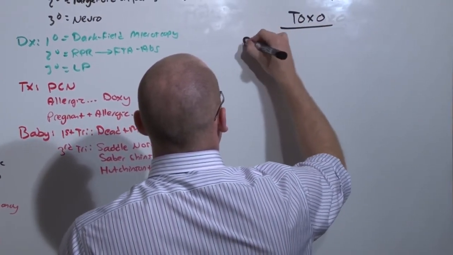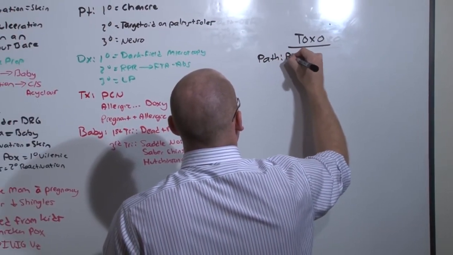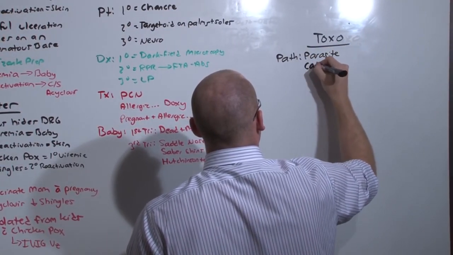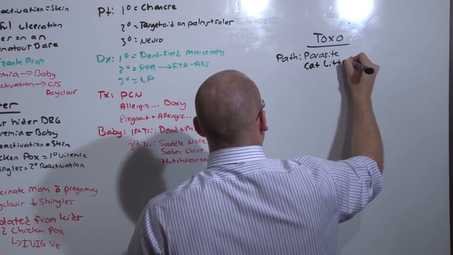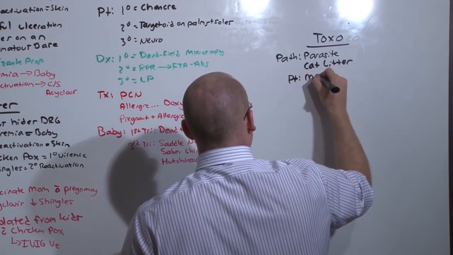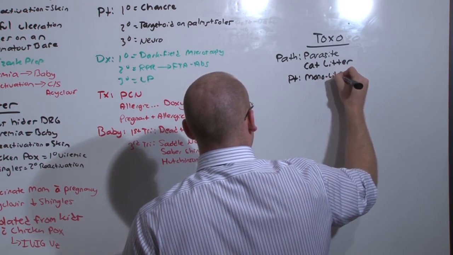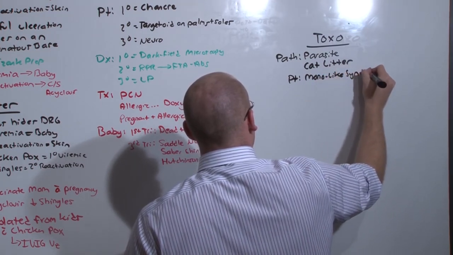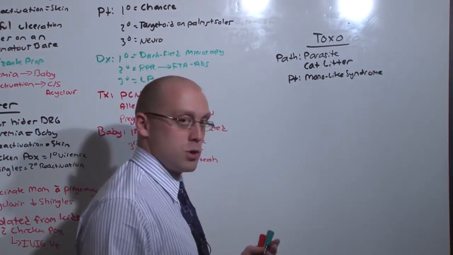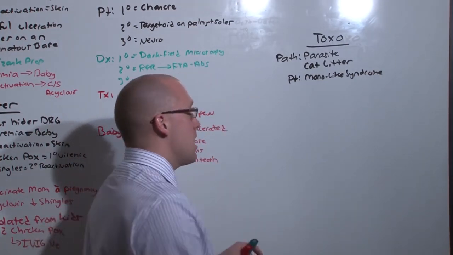Toxoplasmosis is a parasite that's found in cat litter. Mom doesn't feel anything. She might have a mono-like syndrome if this is her first time being exposed. But chances are most people have had exposure to toxoplasmosis in the past and they've cleared it.